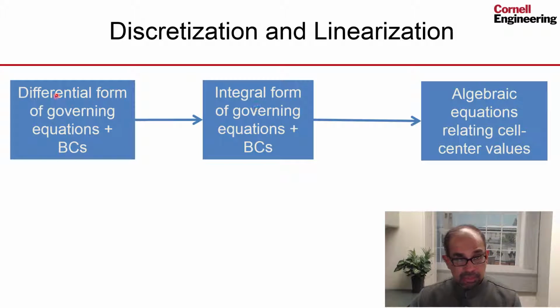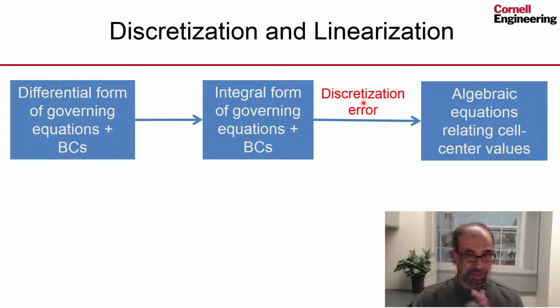Okay? These 2 forms are equivalent. There is no error introduced in going from the differential form to the integral form. But in going from the integral form to the set of algebraic equations, an error is introduced, the discretization error, which can be reduced by refining the mesh.